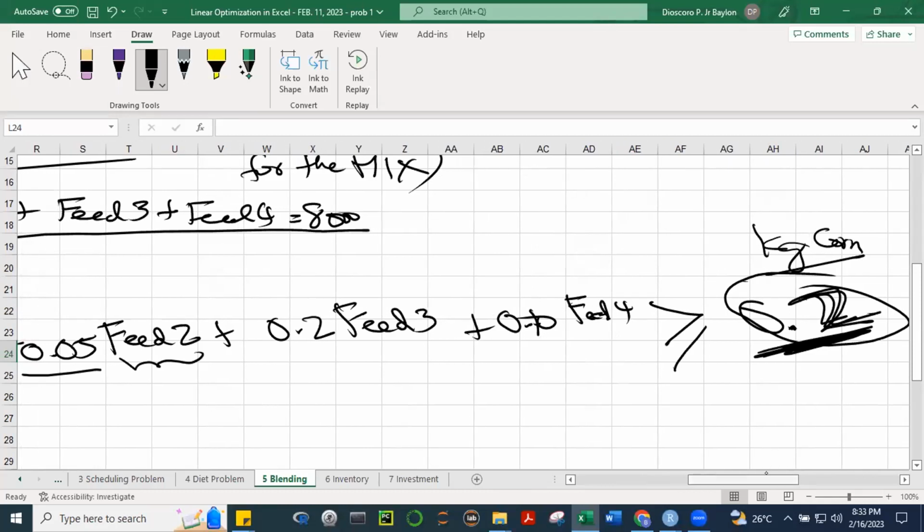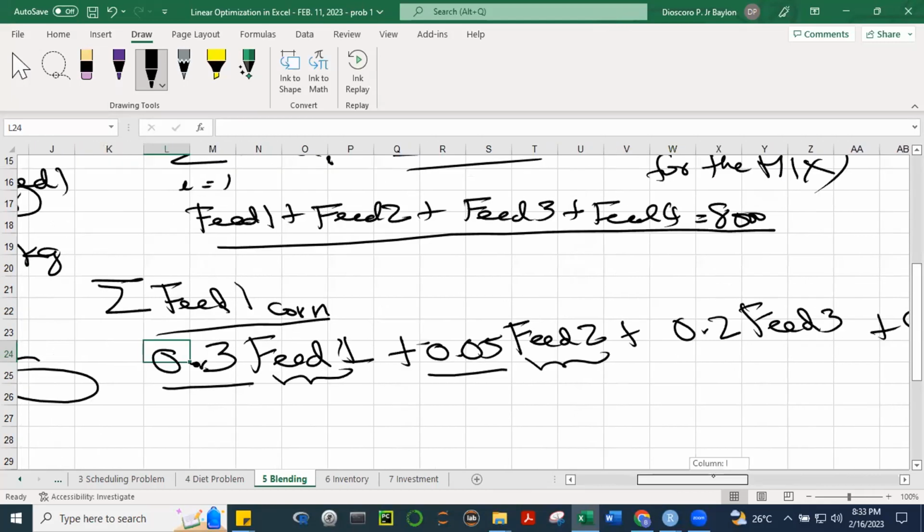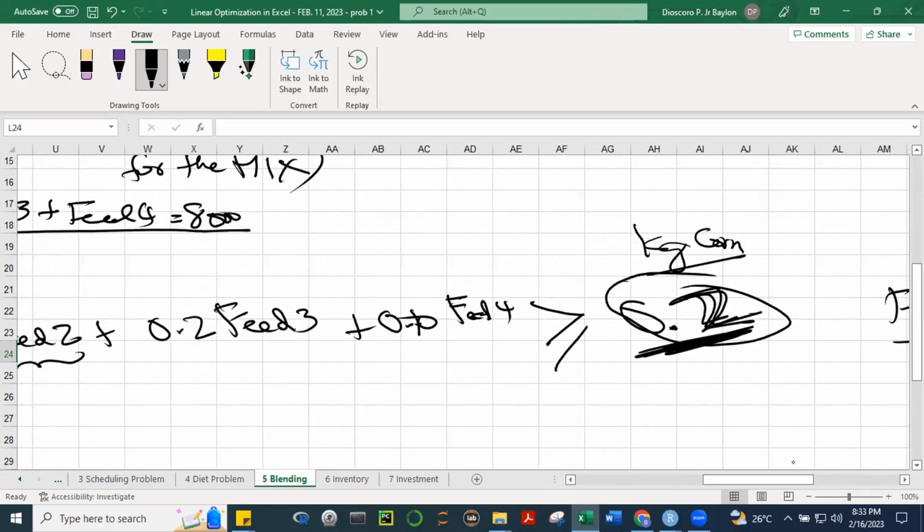How do you get this proportion? Sir, maybe 20% of the 8,000, which is the required number of kilograms, sir. Correct. That's what Earl or Erwin was saying. And tama, that's correct.